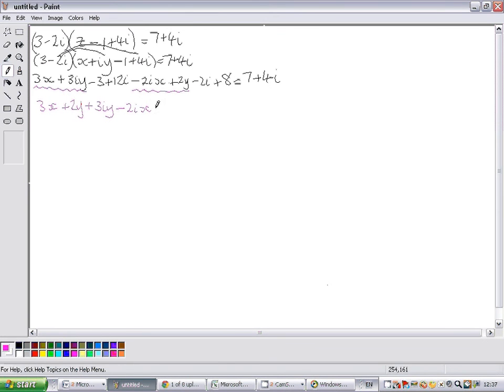So with the other real parts, I've got minus 3 plus 8 is 5. So when I take it over to the other side, we'll be subtracting 5, so that 7 will become a 2. And then we have 12i plus 2i, sorry, that should be a plus 2i there, I've made a mistake.